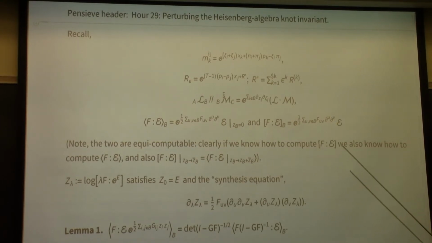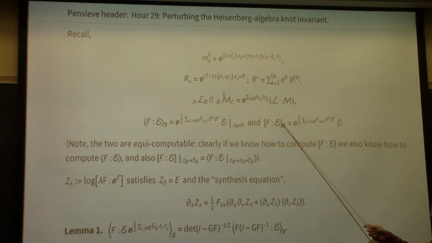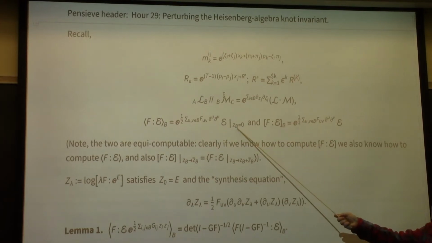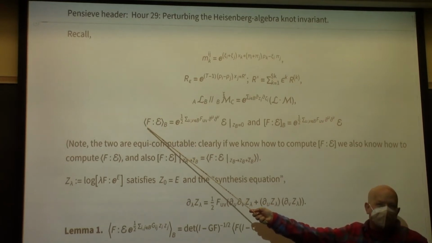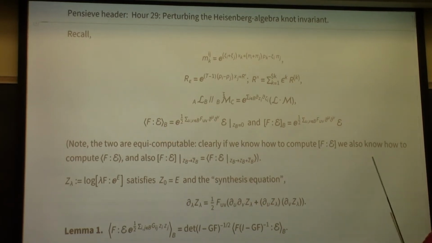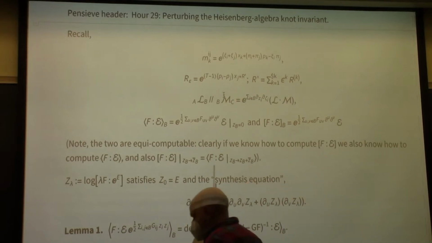And the reason is that, if you know the f colon e bracket, you just substitute all the variables to 0, and you get the f colon e triangular brackets. And the other way around is also not very hard.